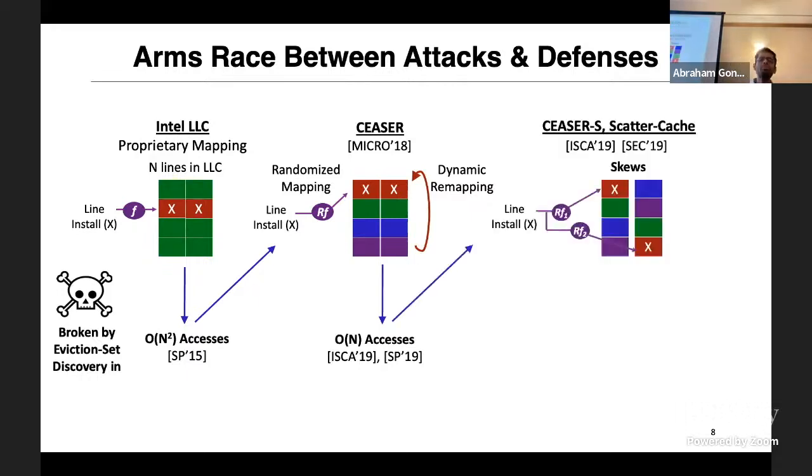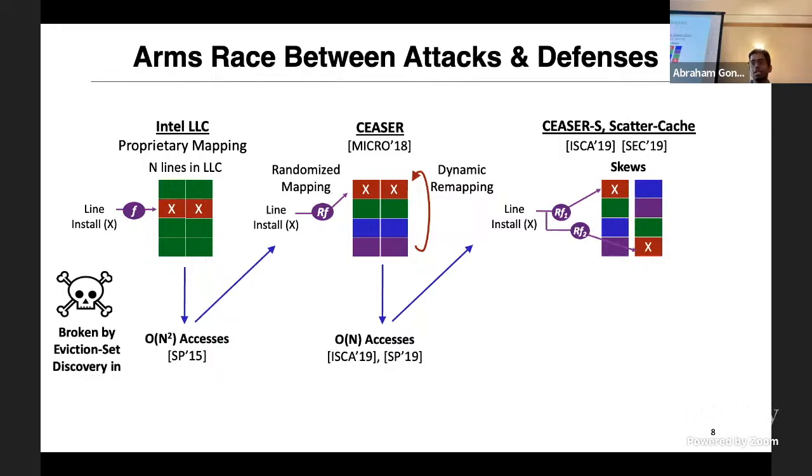Subsequently, new defenses used randomization and also skewed associativity. The idea here was to not just use one randomizing function, but use multiple randomizing functions and pick between them probabilistically. This increased the randomization space for the addresses and made attacks in order of n accesses extremely hard.